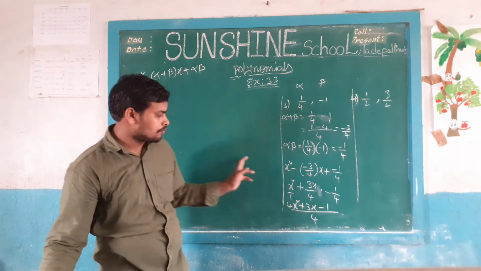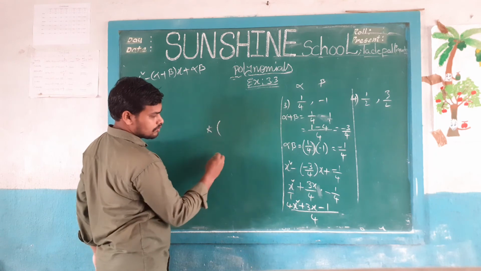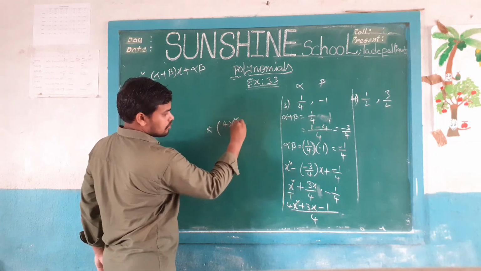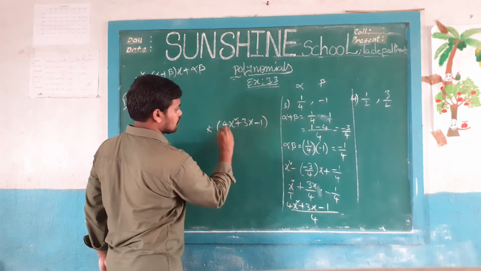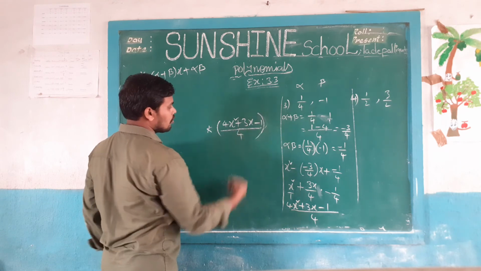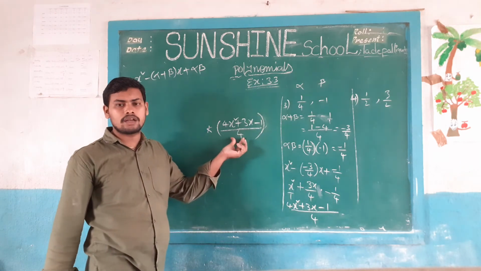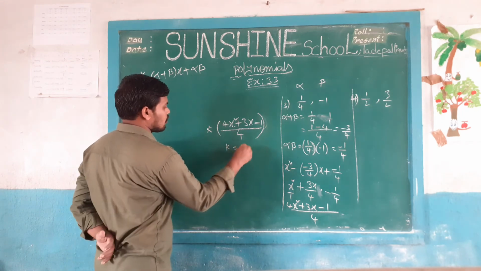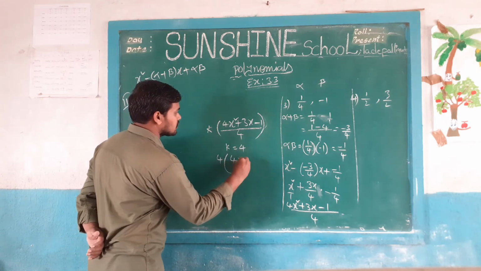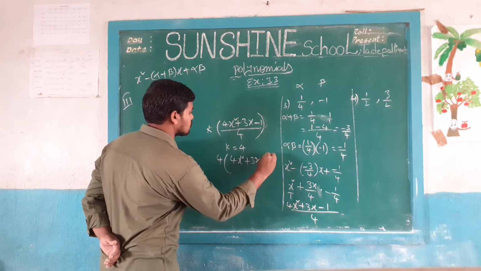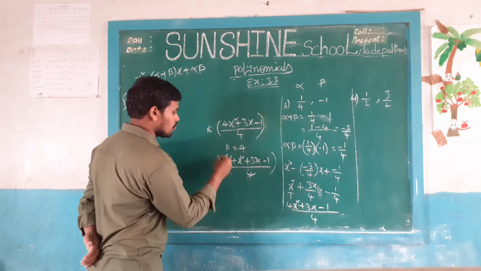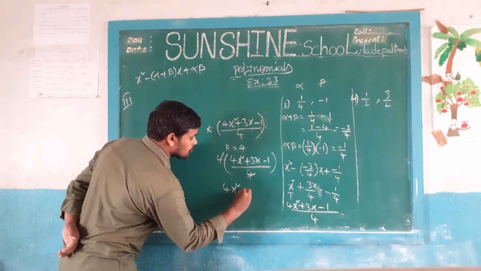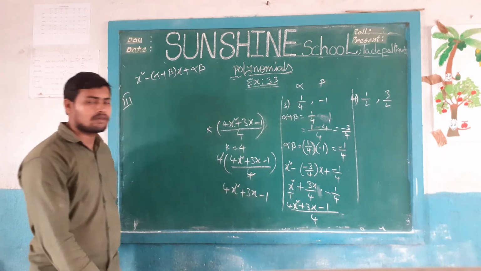Now multiply with k. K into 4x square plus 3x plus 1 by 4. What is the denominator value here? 4. So you should simply replace k with 4. K equal to 4. 4 into 4x square plus 3x plus 1 by 4, 4 cancels. 4x square plus 3x plus 1.